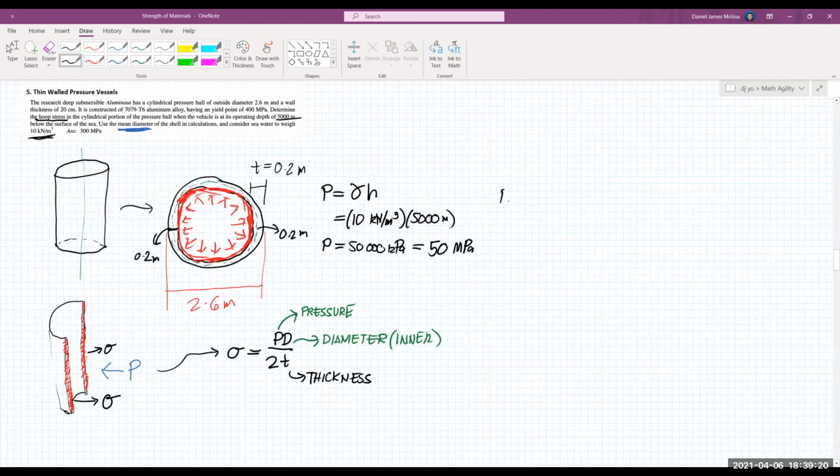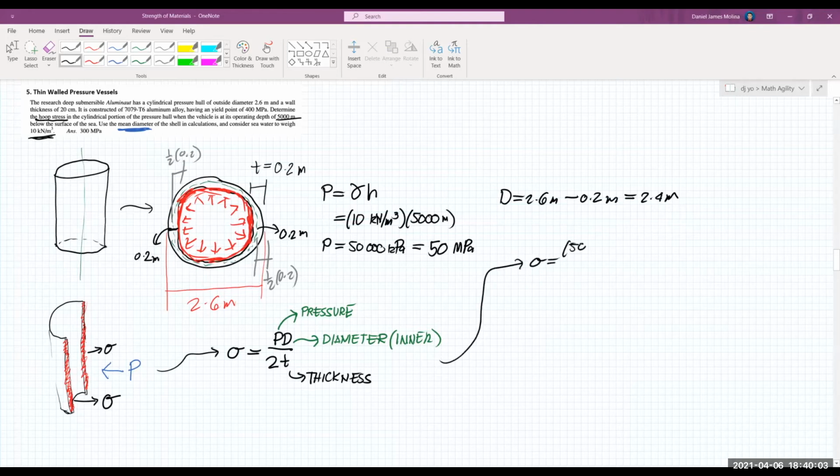So to solve for the mean diameter, we have 2.6 meters minus half of the thickness at the left side, which is one half of 0.2, and then one half of 0.2 from the right. So it will be a whole 0.2. So 2.6 minus 0.2 is 2.4 meters. From there we can solve for the hoop stress.